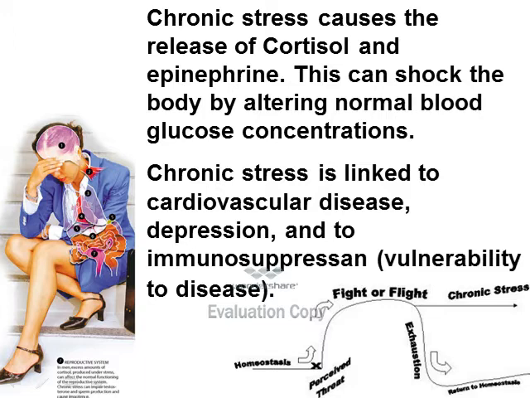And this affects our body in many ways we still don't understand. Certainly it's linked to cardiovascular disease, depression, and immunosuppression. So people under chronic stress, they get sick a lot. This is something we can avoid through lifestyle management in many cases. We're not prisoners of war here. We have some options and some choices we can make.